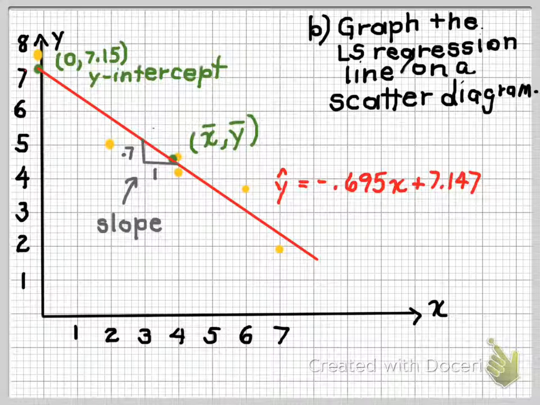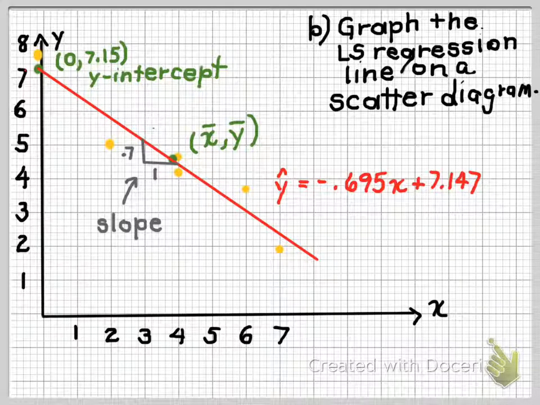Okay, now that we have the equation of the least squares regression line by doing part A, part B asks, graph the least squares regression line on a scatter diagram. And you see here, first of all, your scatter plot indicated with the yellow dots.